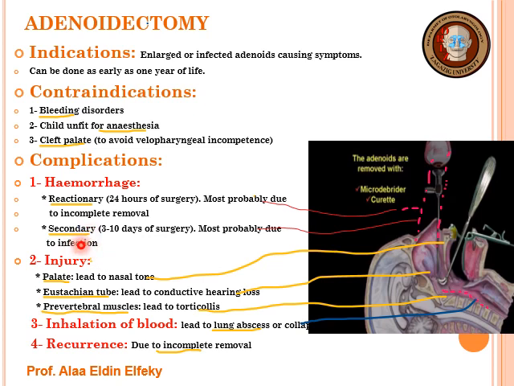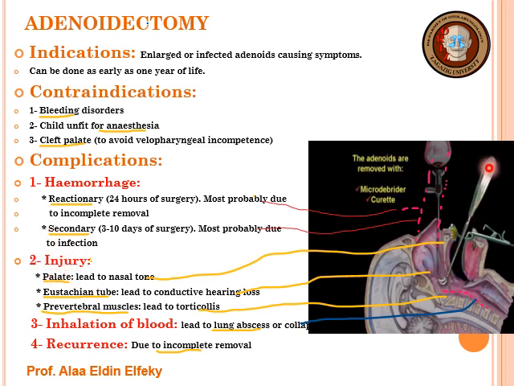Secondary hemorrhage is usually due to infection, from 3 days to 10 days, and both of them are treated by putting a post-nasal bag. In the reactionary hemorrhage, this may be 24 to 48 hours. In the secondary, better to leave the bag at least for 5 days.